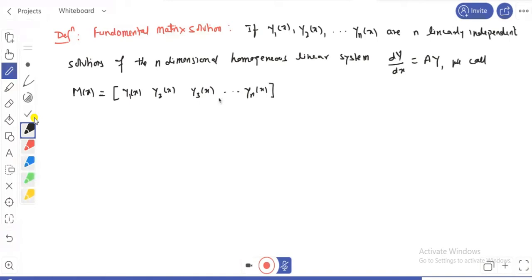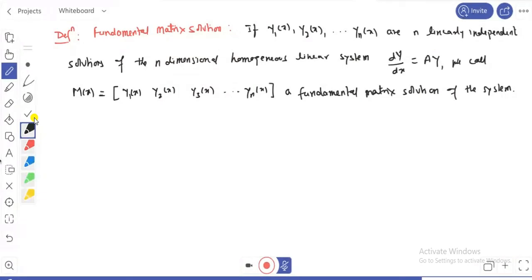We call this Mx, which is defined by these n linearly independent solutions, a fundamental matrix solution of the system.